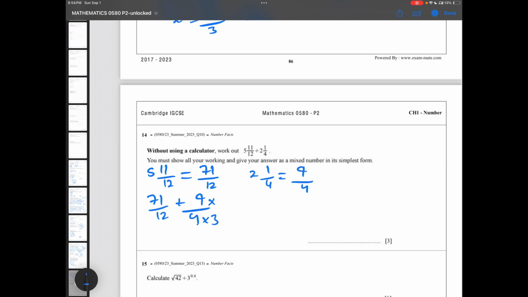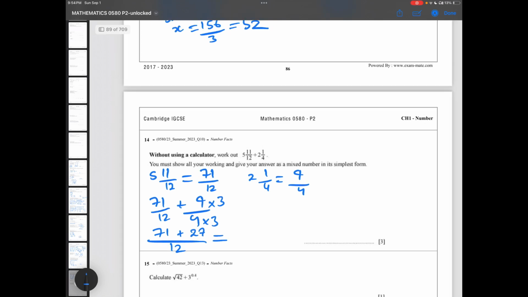The numerator also gets multiplied with 3. Now I get 71 plus 27 upon 12. The denominator is the same now, so we make it common. Now 71 plus 27 is 98 upon 12.